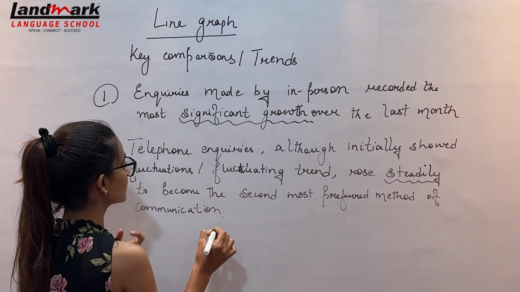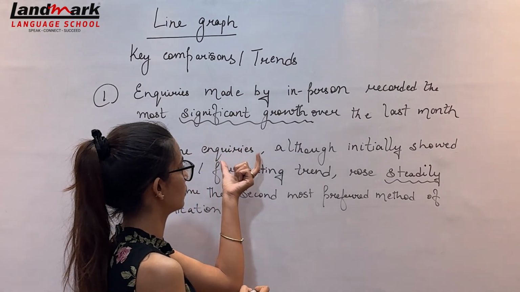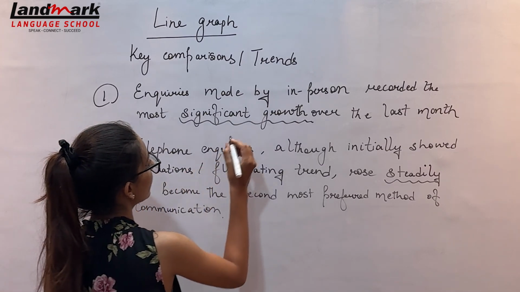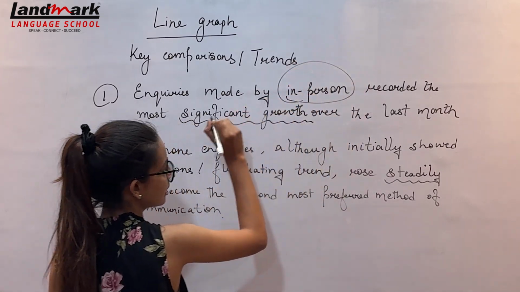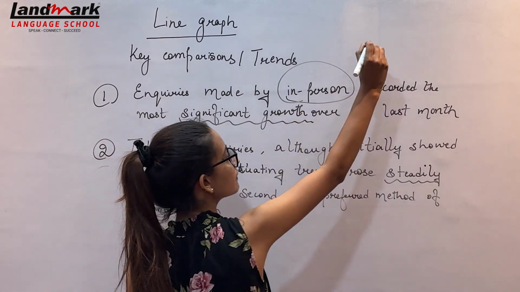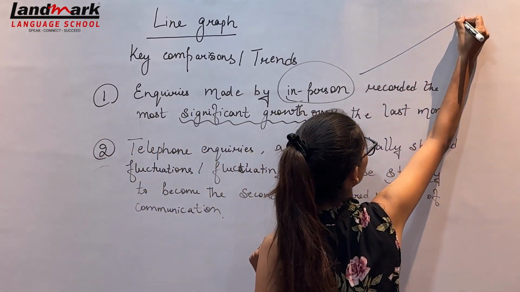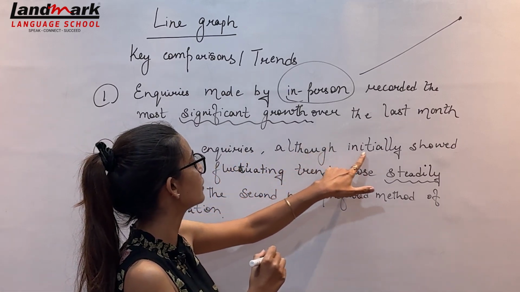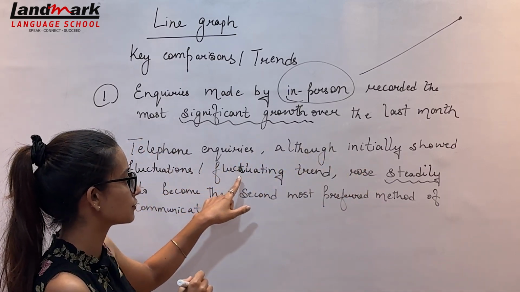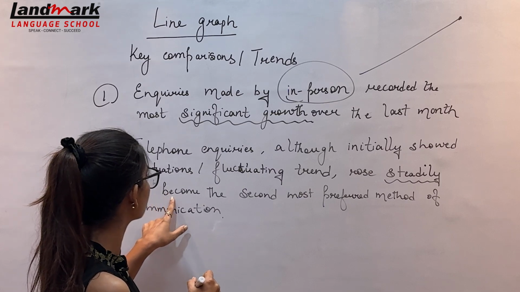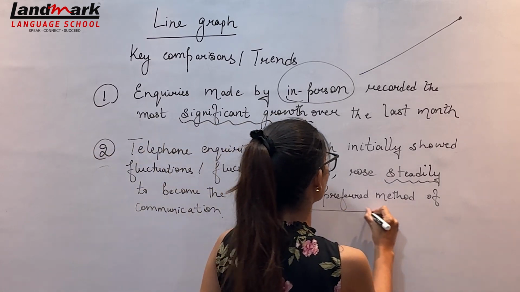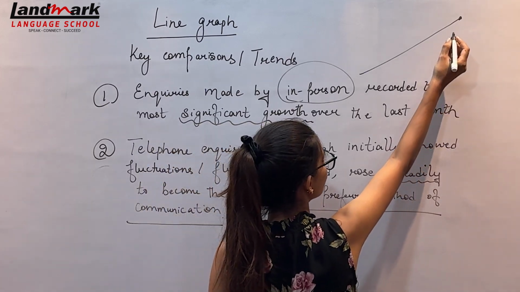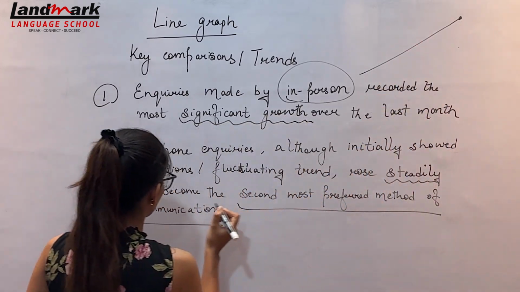No doubt in the starting, telephone inquiries was the highest, but with time we can see that the inquiries made in person recorded a significant growth in the end, that is an increasing trend. Whereas telephone inquiries, although they initially showed a few fluctuations, then rose to become the second most preferred method of communication. As you can see, it is a little below in-person.